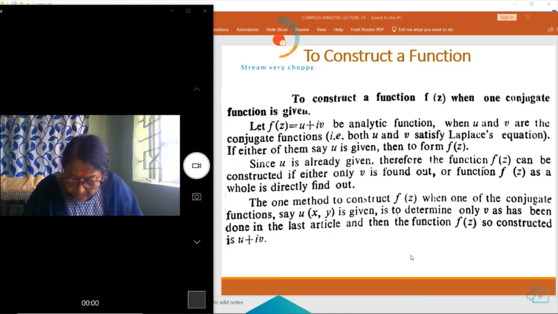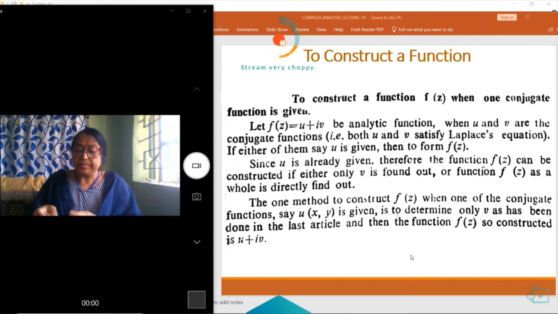If either of them, u, is given, then to form f(z), the function f(z) can be constructed if either v is found out, or the function f(z) as a whole is directly found out.